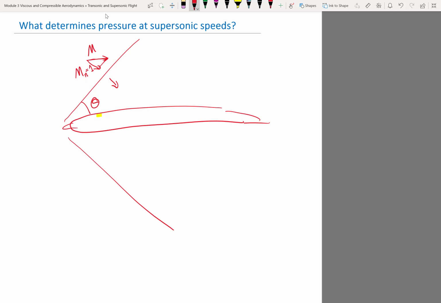Just from geometry, if this angle is theta, then this angle is also theta, this is also theta, and this angle is also theta. That means Mn over M, which is 1 over M, is equal to sine theta, right? Agreed? Okay, so basically the higher Mach number we have, the smaller sine theta we have and the smaller theta we have.